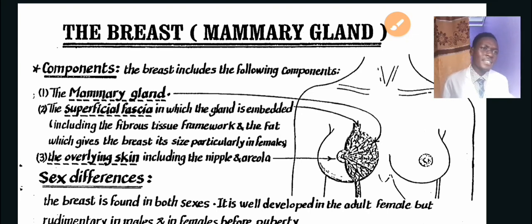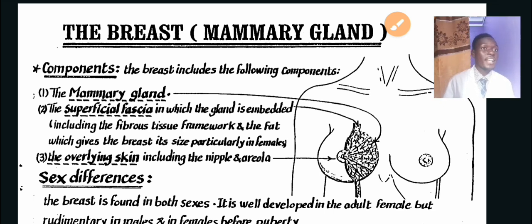So what is the breast? The breast is a modified gland of apocrine type that is rudimentary in males but well developed in females. Actually, the breast is an accessory organ of the female reproductive system. The breast is made up of mainly three components.